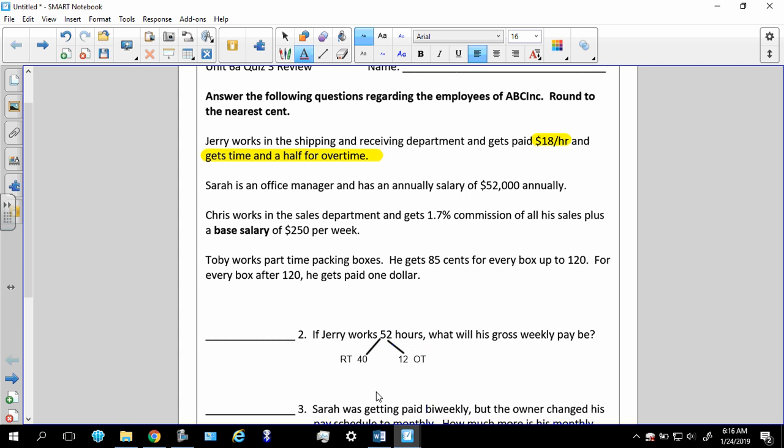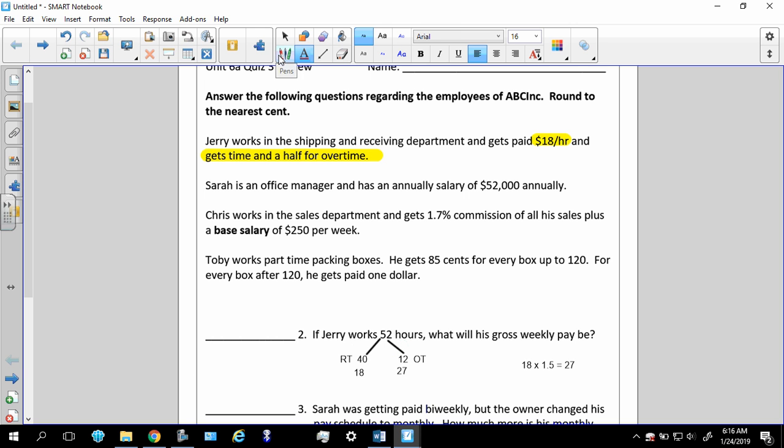Okay? So now, again, regular time, he is getting paid $18 an hour. All right? Now, for overtime, I got to figure out, okay, $18 an hour times 1.5, that gives me, I believe, $27. All right? So I'm going to then say 12 hours at $27 an hour.